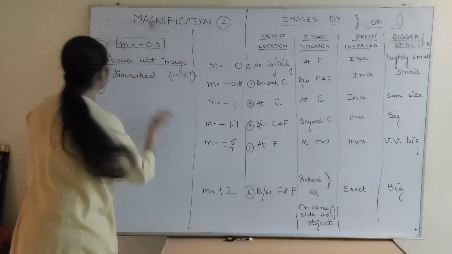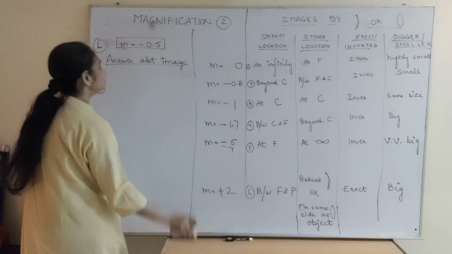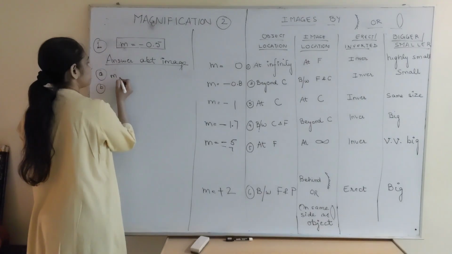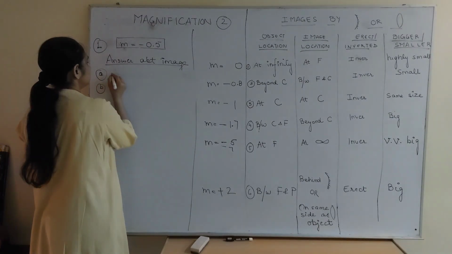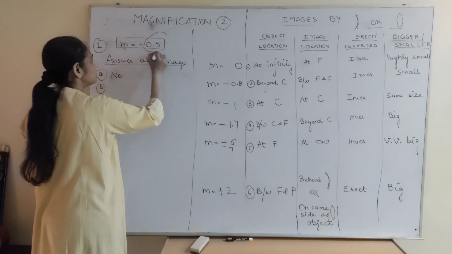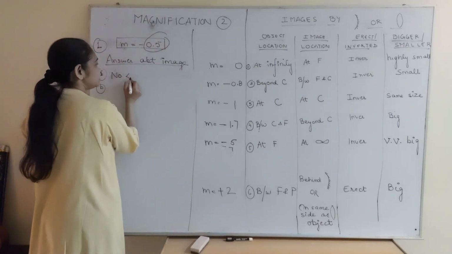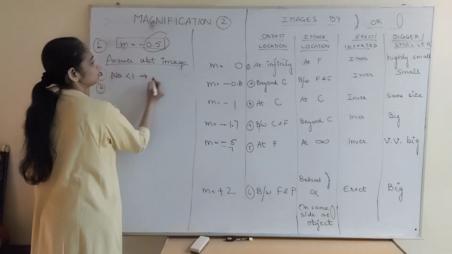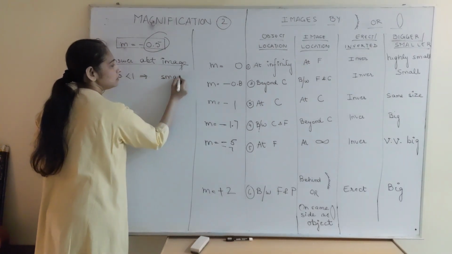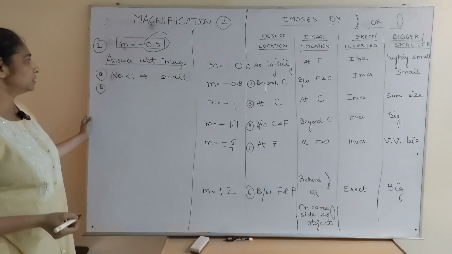Or let me write from here: because the value of m, the number, was less than 1, that means we came to know that the image is small, or diminished.